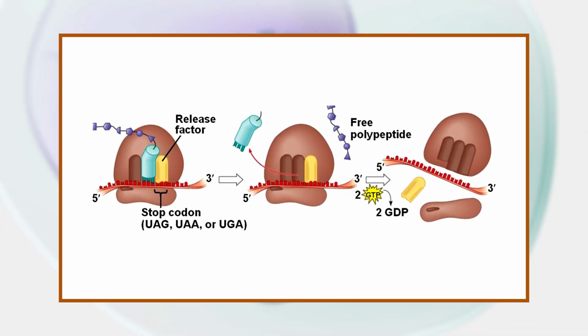Instead, the stop codon induces the binding of a release factor protein, RF1 and RF2, that prompts the disassembly of the entire ribosome mRNA complex by the hydrolysis of the polypeptide chain from the peptidyl transferase center of the ribosome.